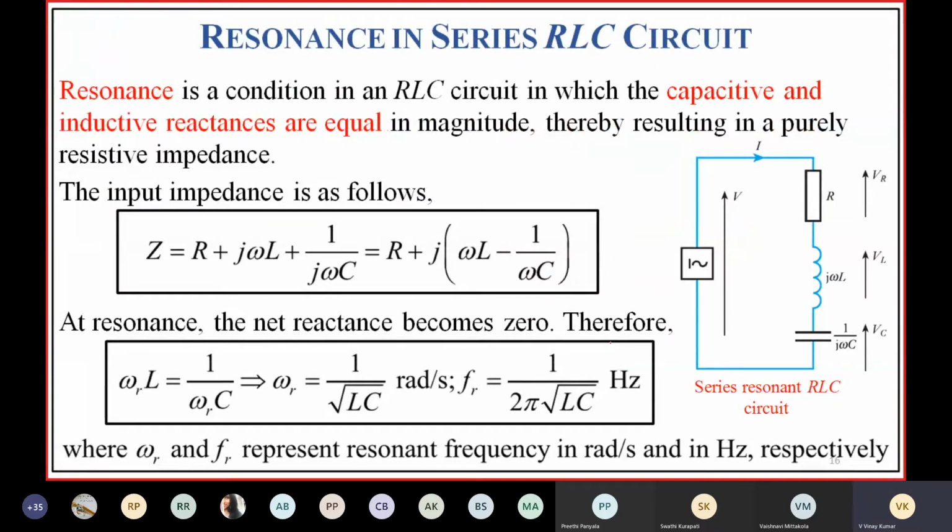Next, coming to resonance in series RLC circuit. Let us draw the series RLC circuit: R, L, C, with R, XL, XC.